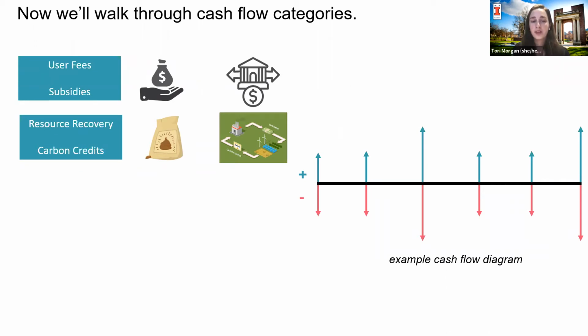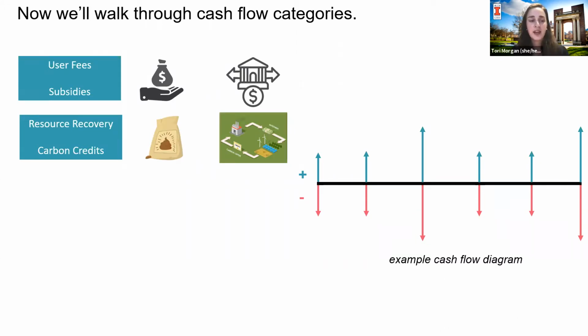Another thing is that you can invest into recovering resources or renewable energy, planting trees, and that will create carbon offsets that will help you gain carbon credits. So we don't talk about that in our specific example, but that is something I just briefly wanted to touch on.